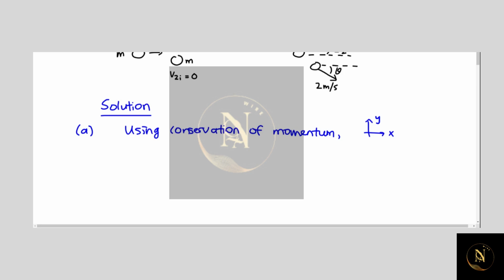Along the x direction, we have m v1i equal to m times 3.5 cosine 22 degrees plus m times 2 cosine theta.